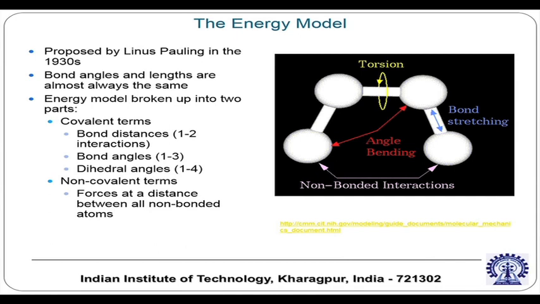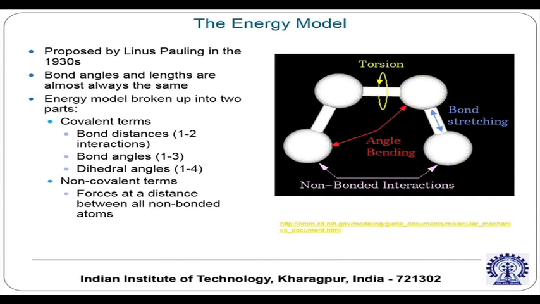Now what are the interactions that we are talking about, the interaction forces? You can have stretching of the bonds, so bonds may act like springs, you can have bending of the bonds, and you can have torsion of the bonds.